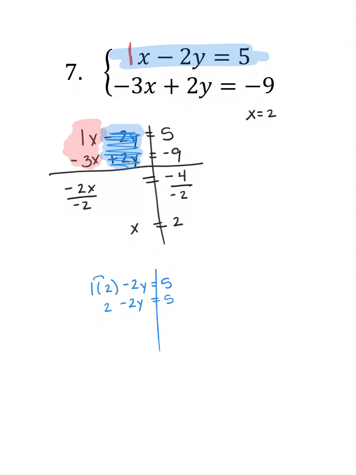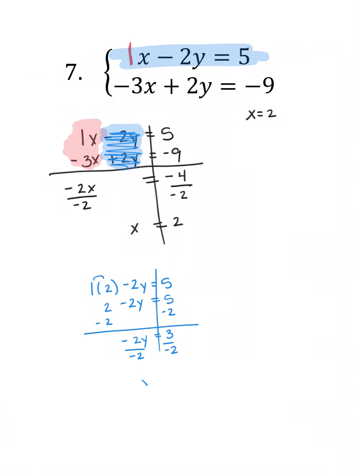Okay, I want to get that negative 2y by itself. Right now it's a positive 2, so to get rid of a positive 2, I'm going to subtract 2. So I have a negative 2y equals 5 minus 2 is 3. And then we have to get rid of that negative in front of that 2y, right? So we're going to divide by negative 2. Divide by negative 2, and you can have one of two answers.